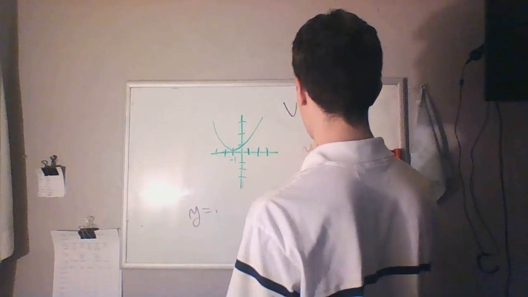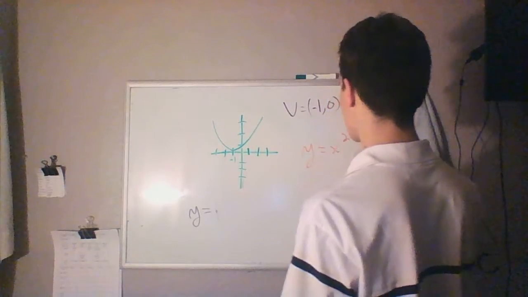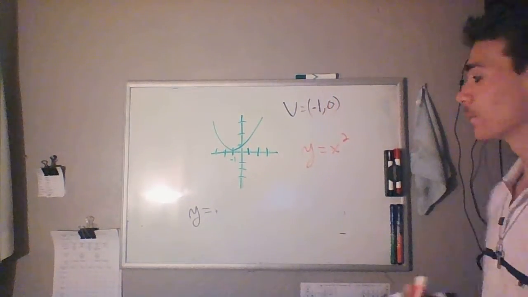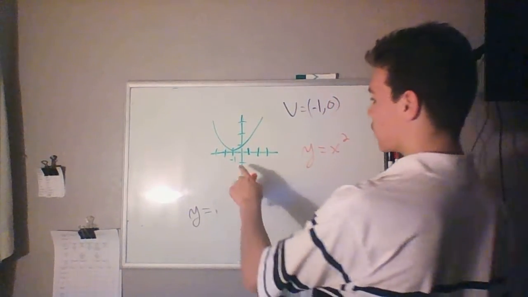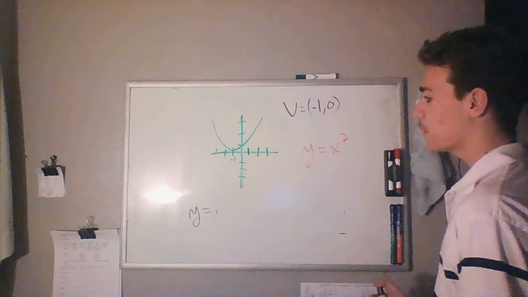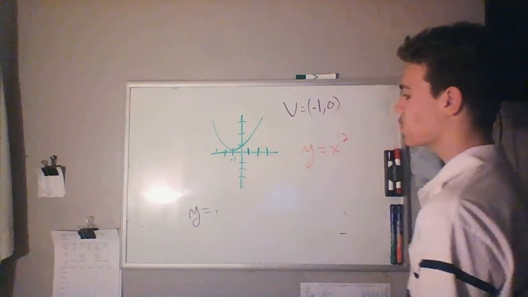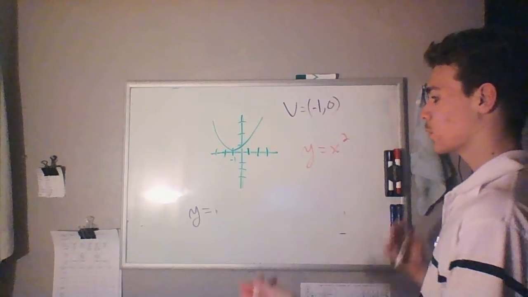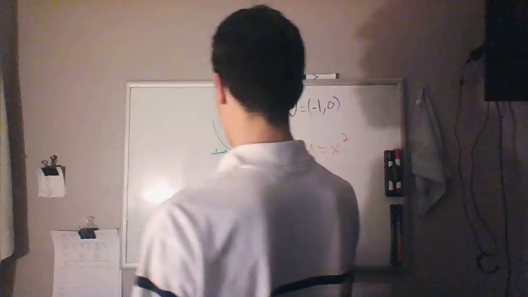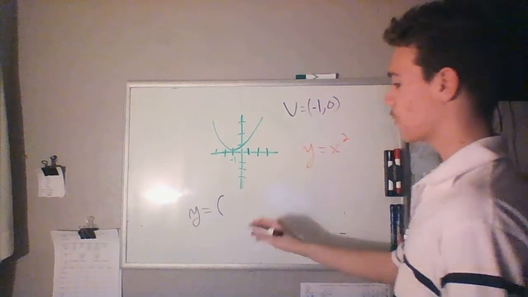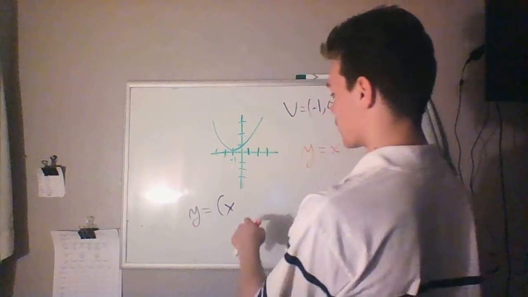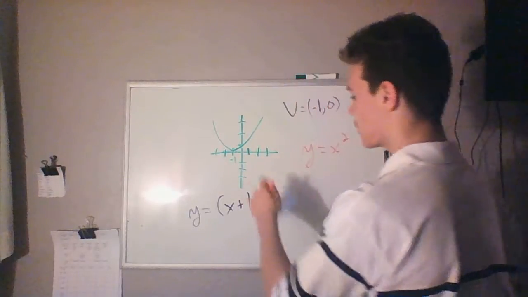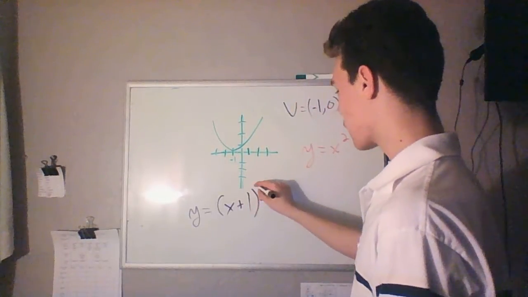As I stated in my before video, the parent function is y equals x to the second power. So what minus 1 equals 0? And so it would be 1. So we're going to go x, and it would be x plus 1, because 1 minus 1 equals 0 squared.